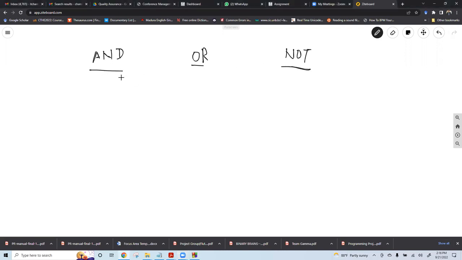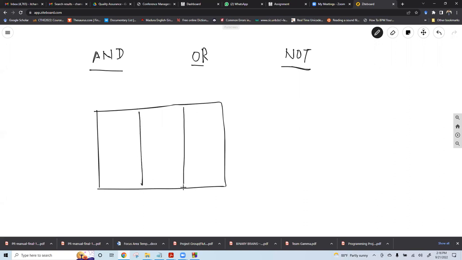So these are usually like and means, right? If I create an and table, let's say we have A, B. A and B, right? In our C language, we use two ampersands to represent and.